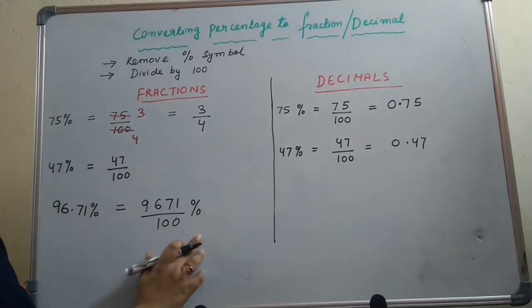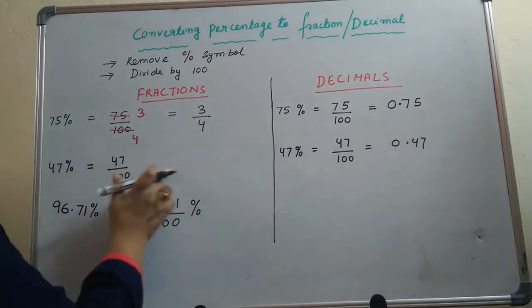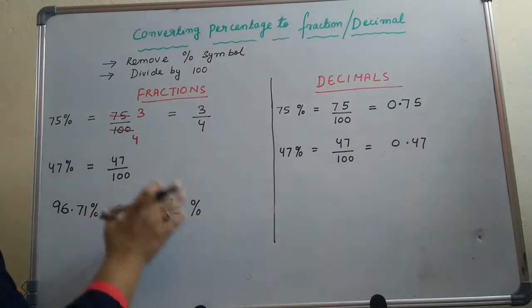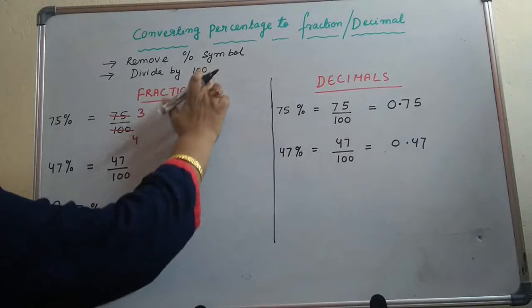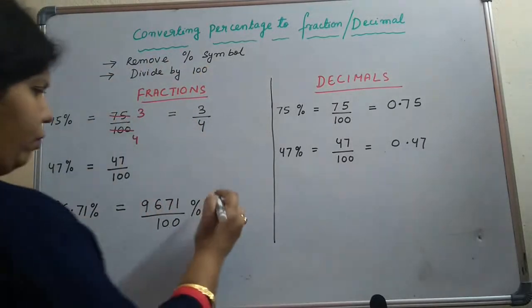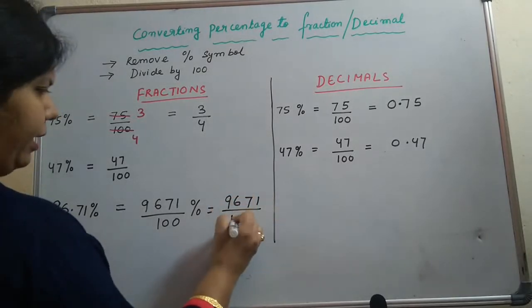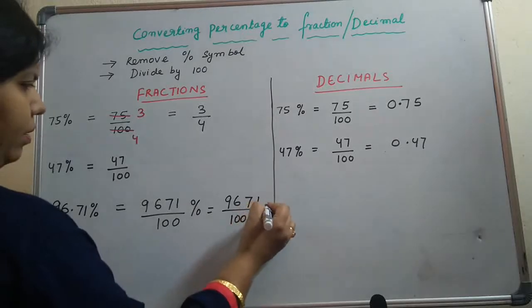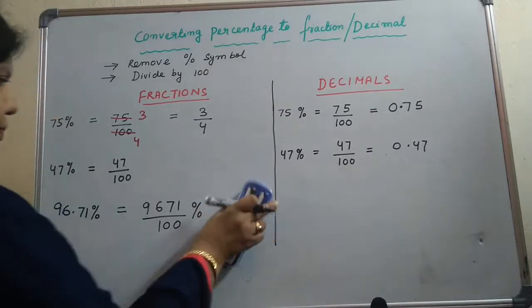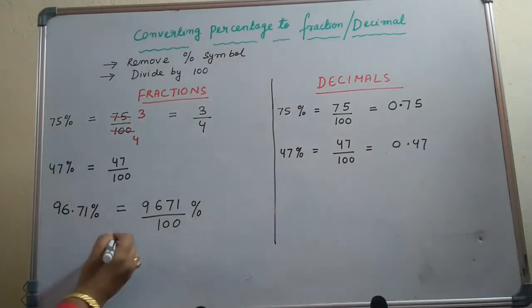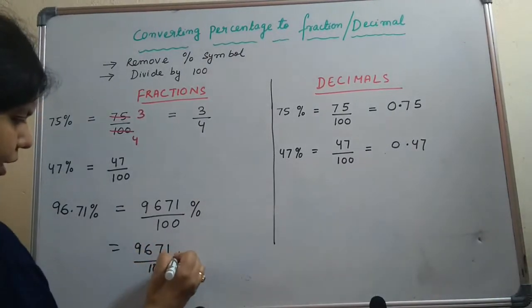Now what we have to convert is only into fractions. Still the percentage symbol is there. So we have to remove the percentage symbol and divide it by 100. So 9671 by 100, I don't have space here, I'll write below. Just a moment. 9671 by 100, we will divide it by 100.